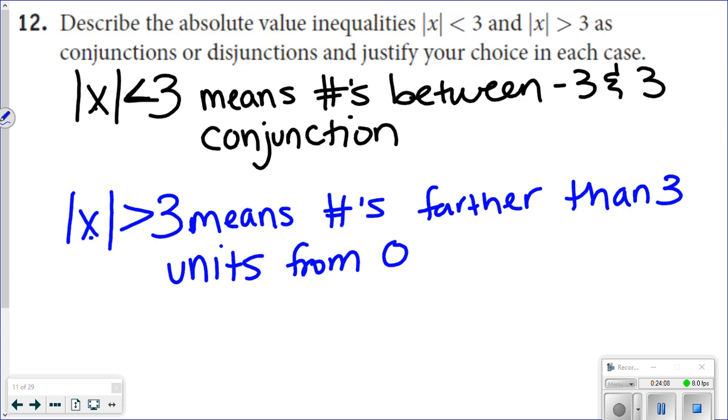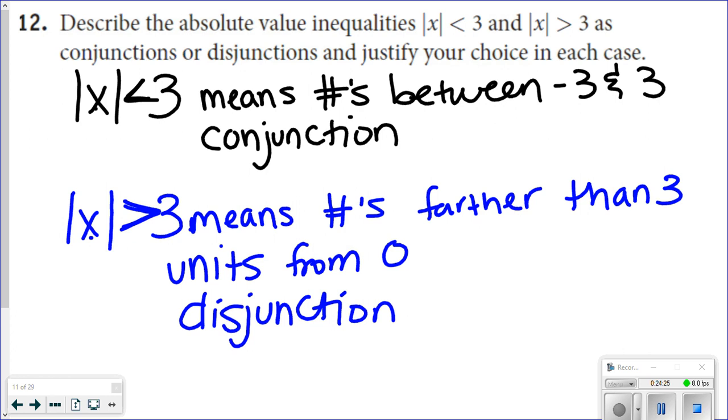So if I'm shading farther than, we need to shade out in opposite directions. So this one is a disjunction. Notice we have a greater than symbol right here, greater than. We're going to shade out for a disjunction. And this is where we're going to stop for today.